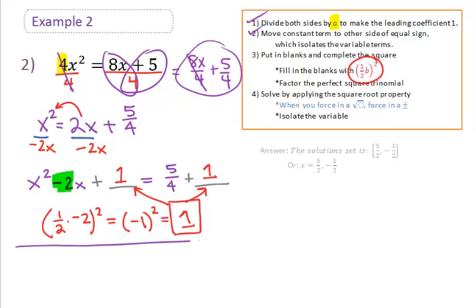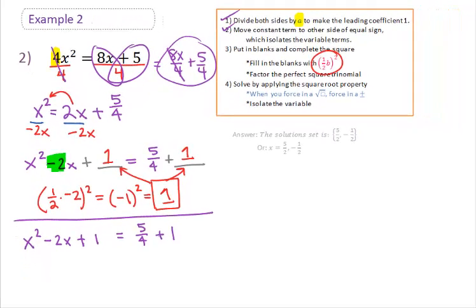So let me rewrite my problem. I have x squared minus 2x plus 1 on the left, and on the right I have 5/4 plus 1. On the left, you should have set this up as something that factors as a square. Again, remember the name of this process of completing the square.